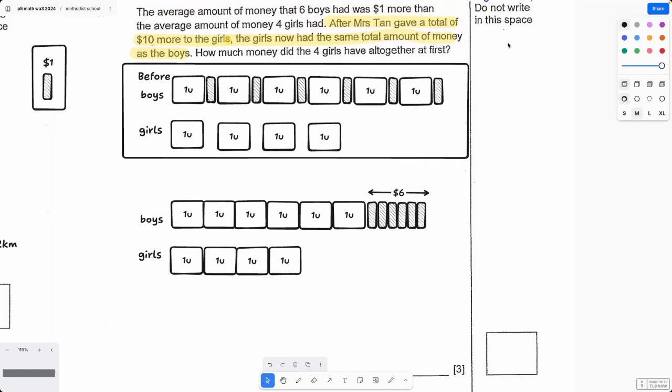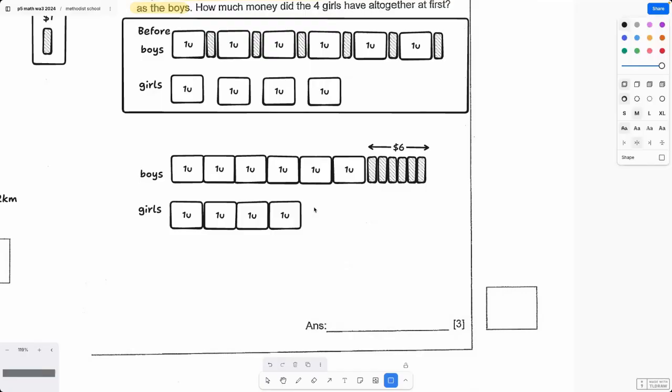At the same time, we know that Mrs. Tan gave a total of $10 more to the girls, and this makes the girls have the same total amount of money as the boys. So that means Mrs. Tan in here gave an additional $10. Okay, so I'm going to put here $10.